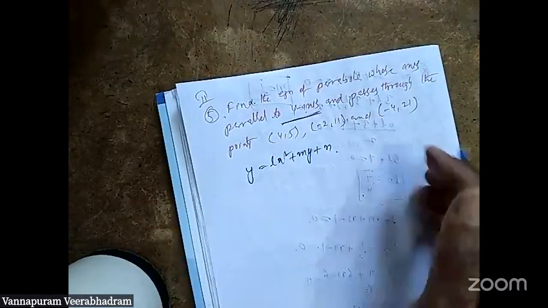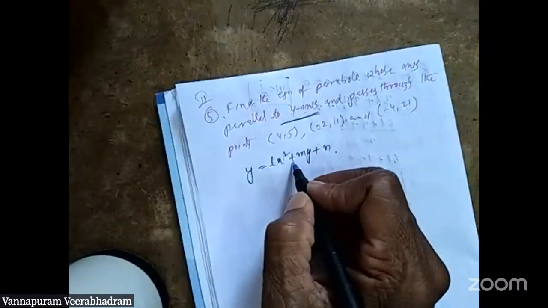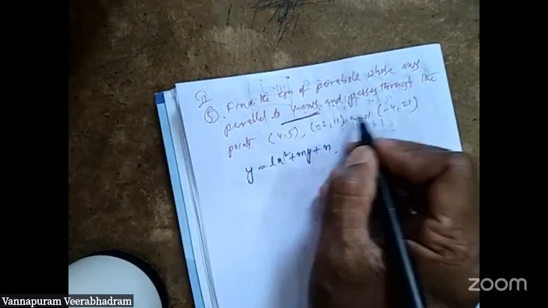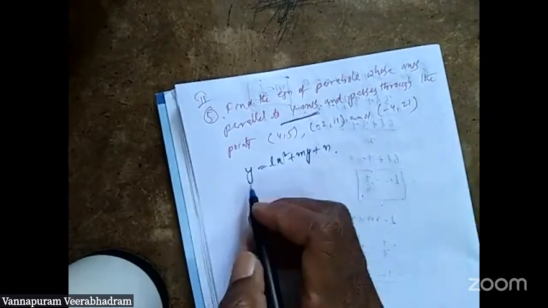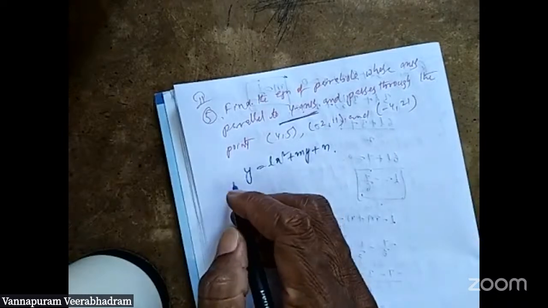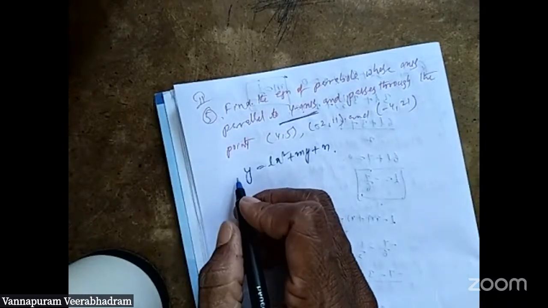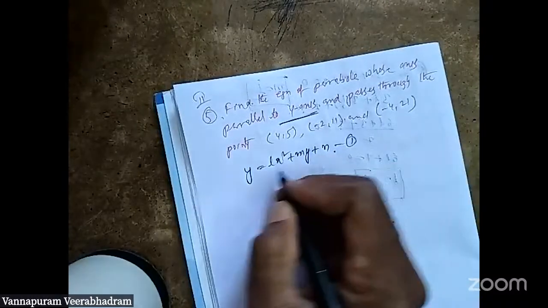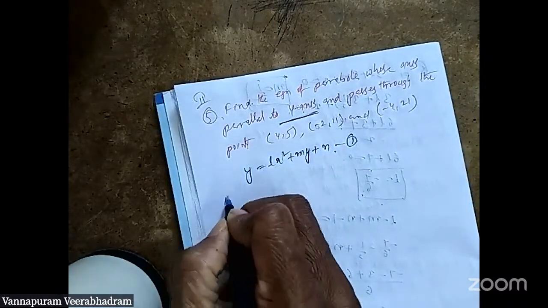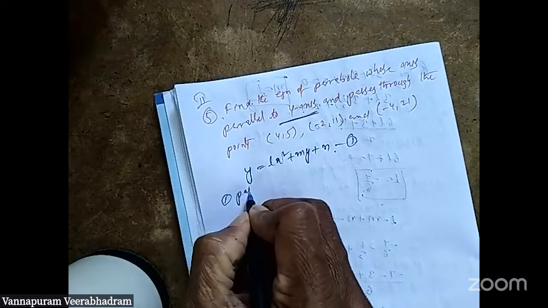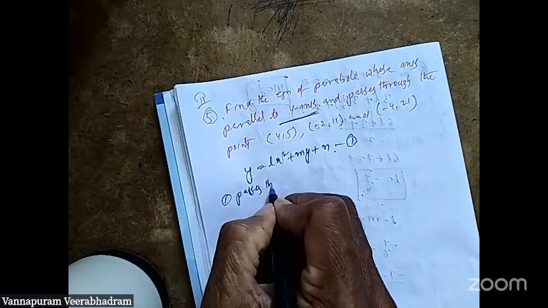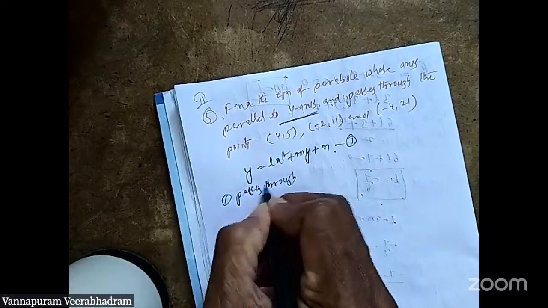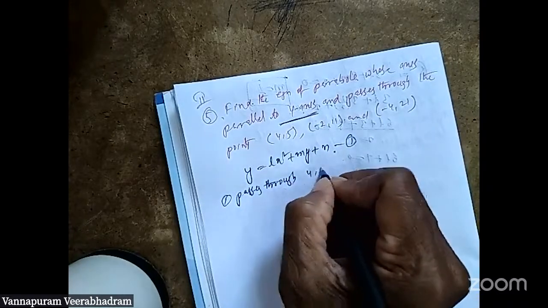So now substitute the points. Since the equation of the parabola passes through these 3 points, we will get the equations. Take it as equation 1. So it passes through 4 comma 5.